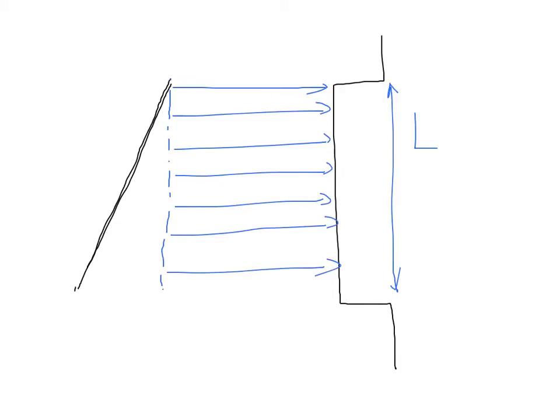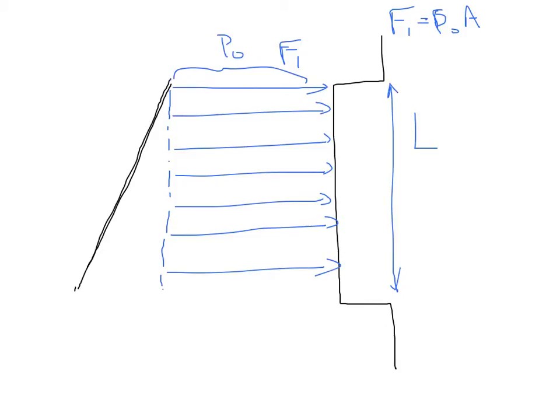So it has some pressure, let's call it P0, and the effective force due to these blue arrows, let's call this F1, is just P0 times A, and it acts through the centroid.